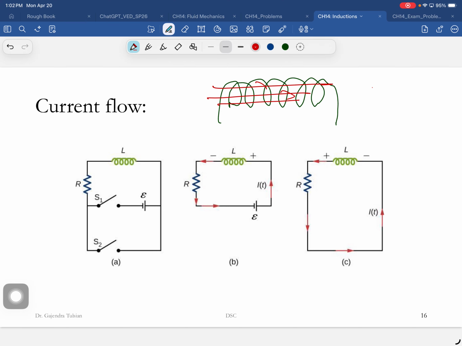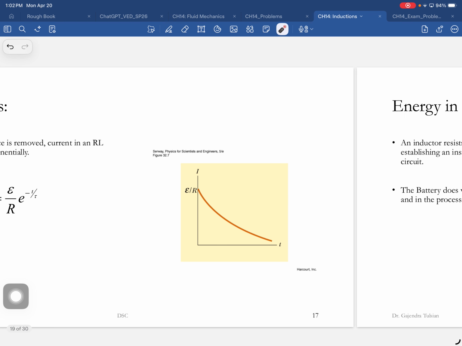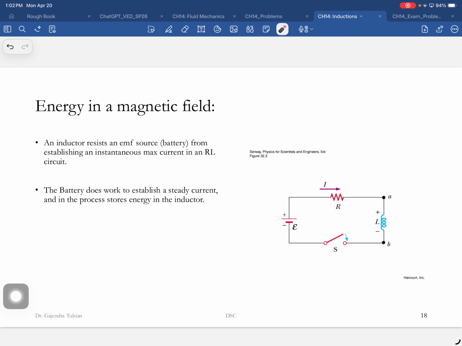And if you check your last chapter, the strength of the magnetic field is that: mu naught N is the number of turns per coil, and I is the current flowing through this thing. So that's the strength of the magnetic field. All right, so we'll see energy in the magnetic field.